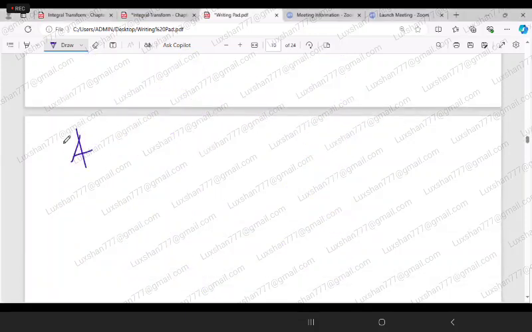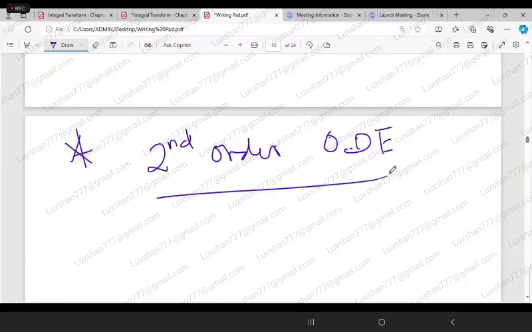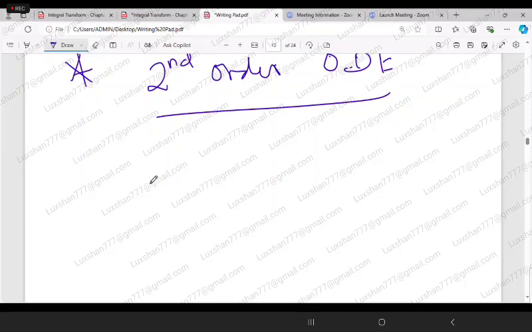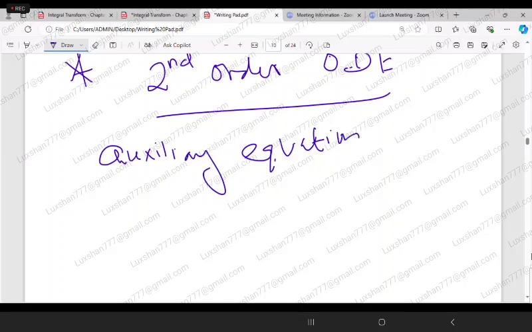One more thing. Now, when you have a second derivative differential equation, a second order ODE, look carefully.